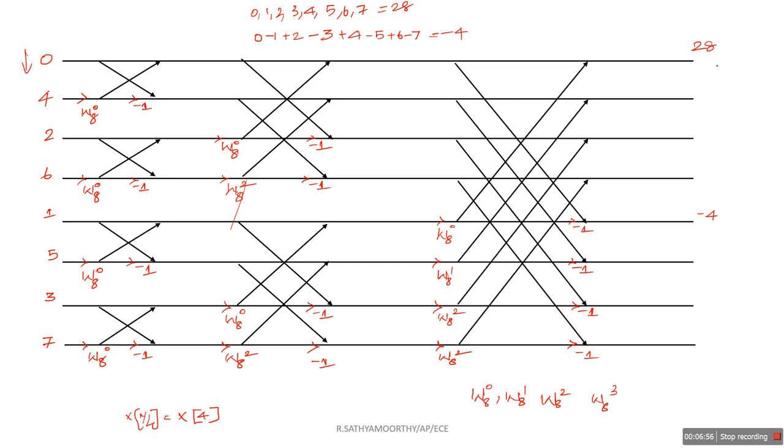Now you have calculated two values, X of 0 and X of 4, and then the remaining 6 values: you have to calculate 3 values, and the other 3 values are their complex conjugates. You calculate X of 1, X of 2, X of 3, and the remaining 3 values are the complex conjugate values.